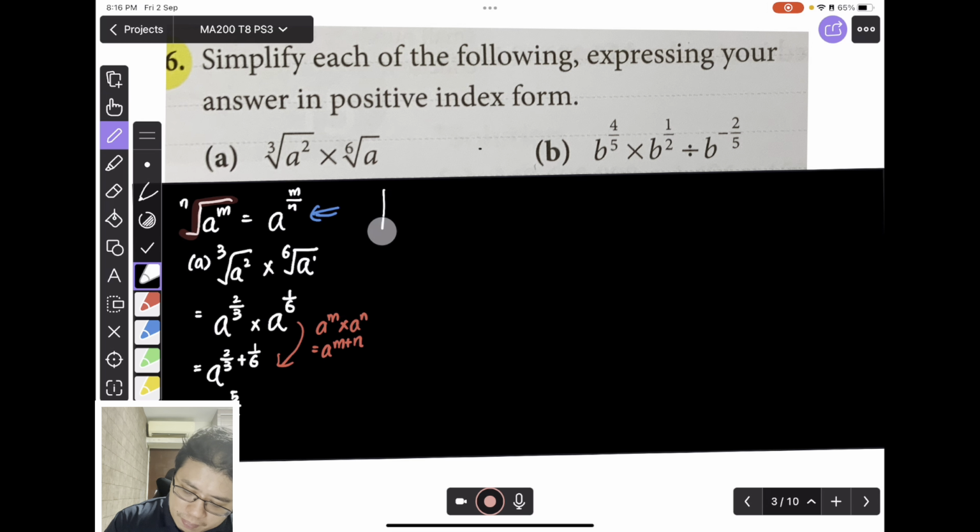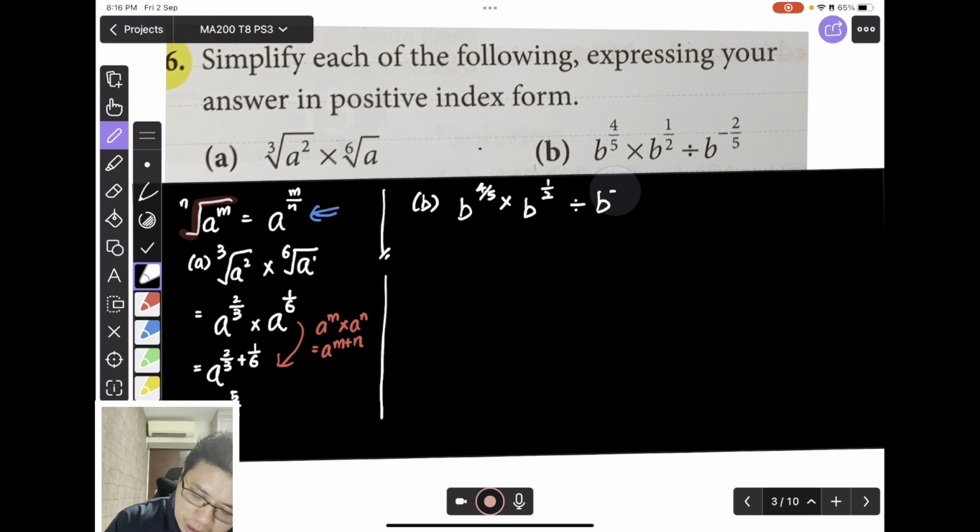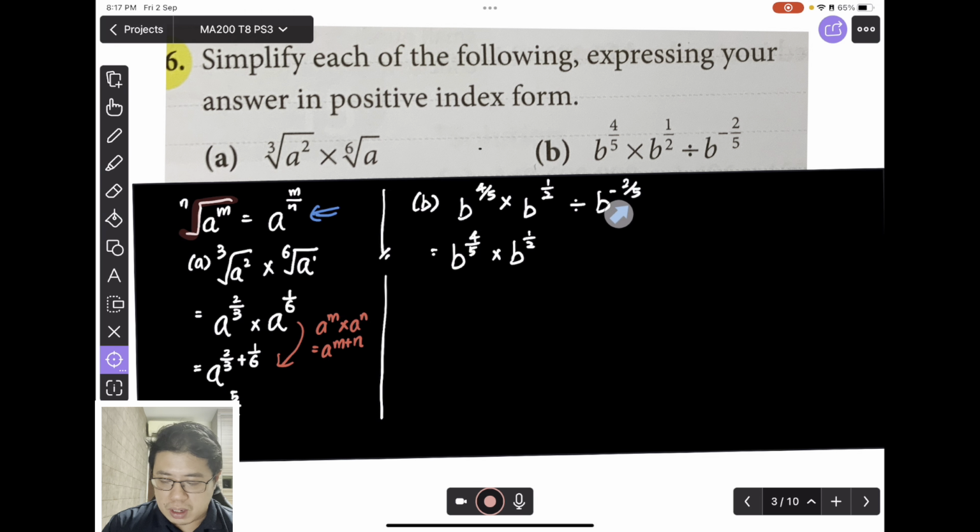Now next, let's look at b. So b is b to the power 4 over 5 times b to the 1 over 2 divided by b to the power negative 2 over 5. Okay, so b to the power negative 2 over 5, first, let me just convert this. We have to be very careful what we are dealing with here. If I'm going to change this to positive, is it because I'm manipulating the division sign, or am I manipulating the negative power, right?